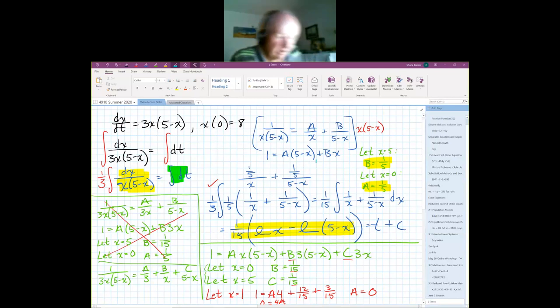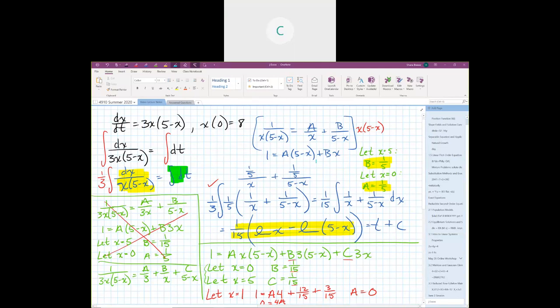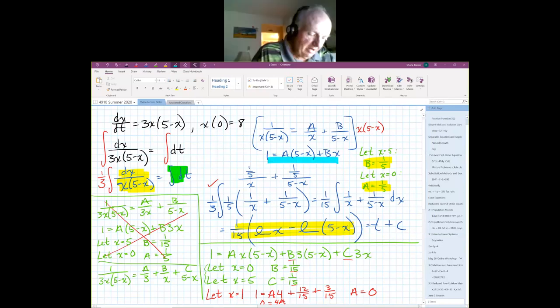Okay, are you up to speed on that so far? Okay, I'm following. Okay, and then once you're there, you let x equal 5. That wipes out this term, gives you 5b equals 1, so b equals positive 1/5.